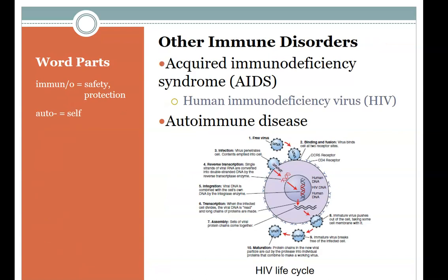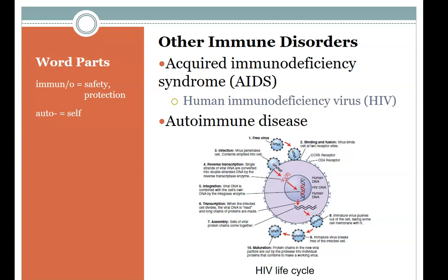Other immune disorders. Acquired immunodeficiency syndrome, AIDS, is caused by the human immunodeficiency virus, HIV, which is transmitted through body fluids via sexual contact or intravenous exposure. HIV attacks the helper T cells, which causes a diminished immune response.